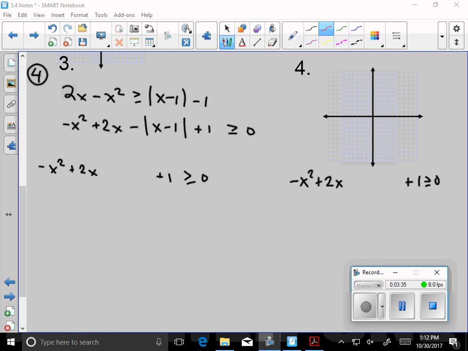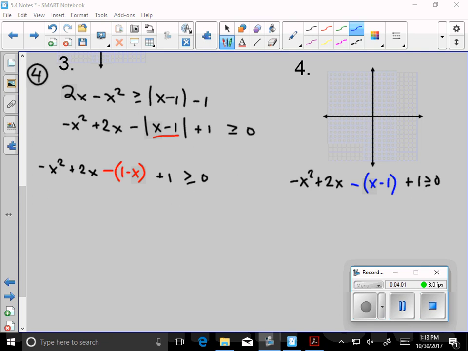That would be minus the opposite of what's in there, so that would be 1 minus x. Now on the other side, I'm going to subtract what's in there. I didn't change anything there. So I have a positive of that, I have a negative of that.